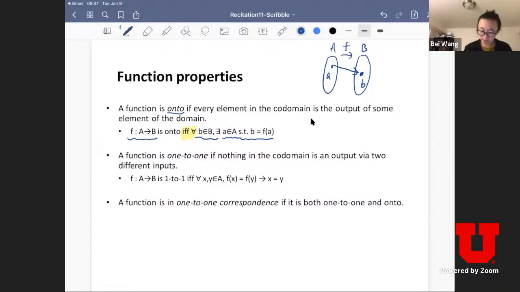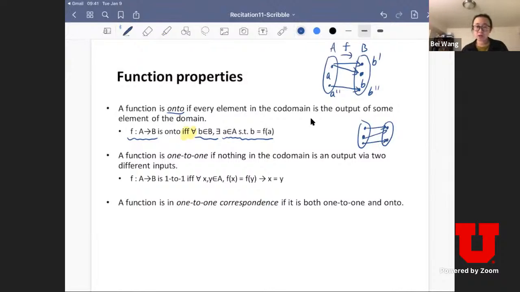If I have a B prime, then something else will map to it. And if I have B double prime, some other element, let's say A double prime, will map to it. So another way to redraw this function, if I have a picture like this, this is an onto function.